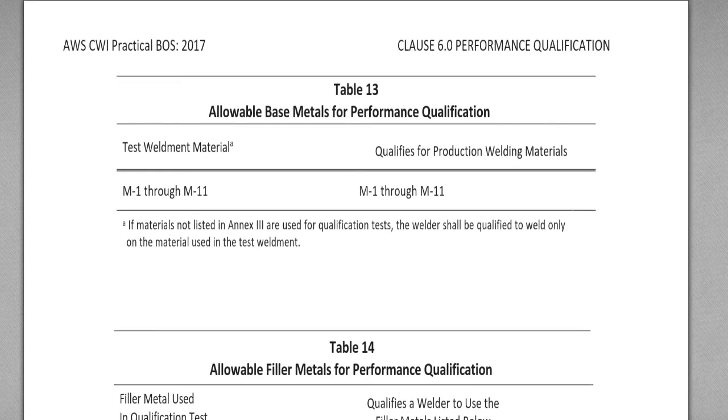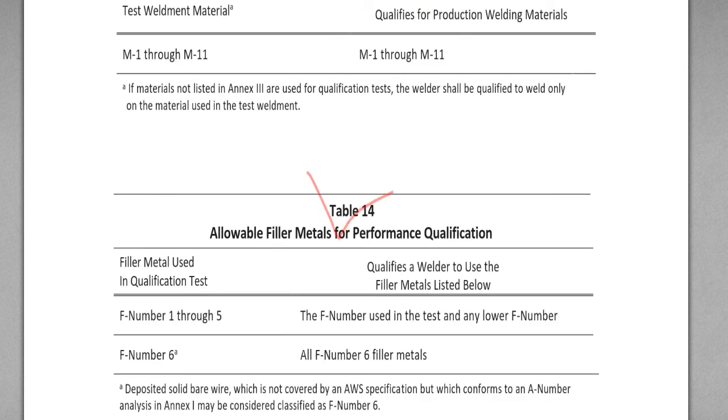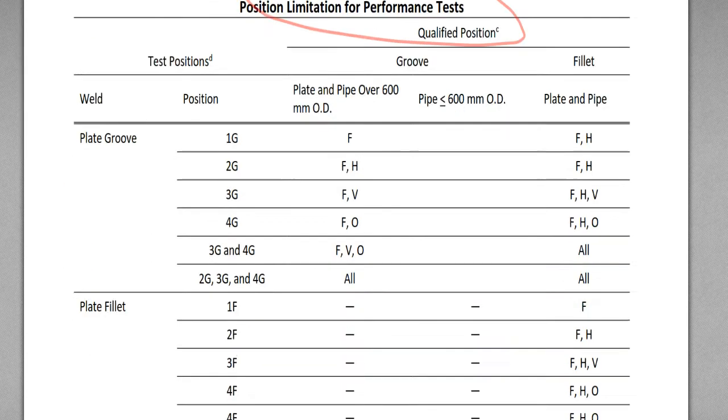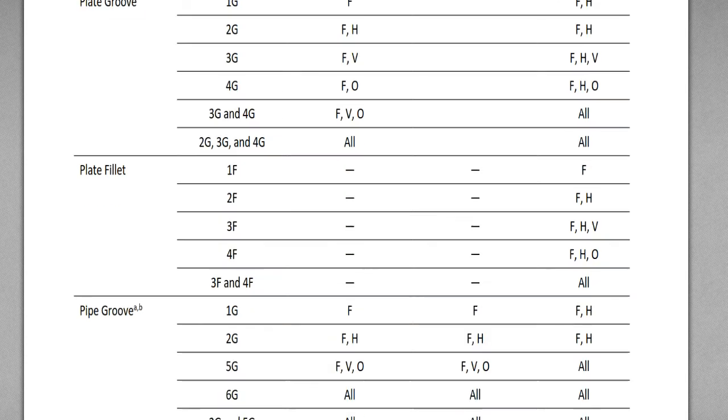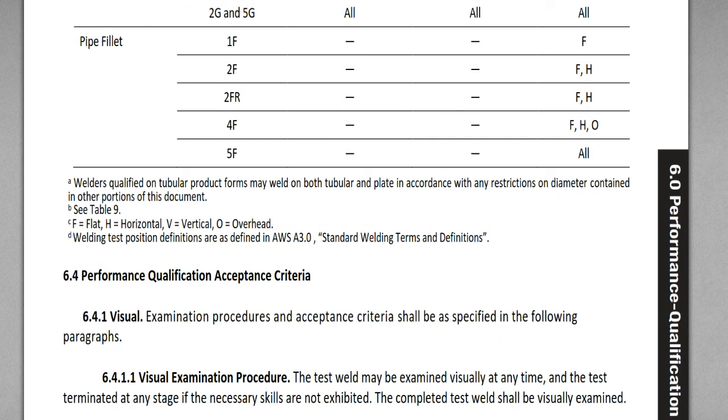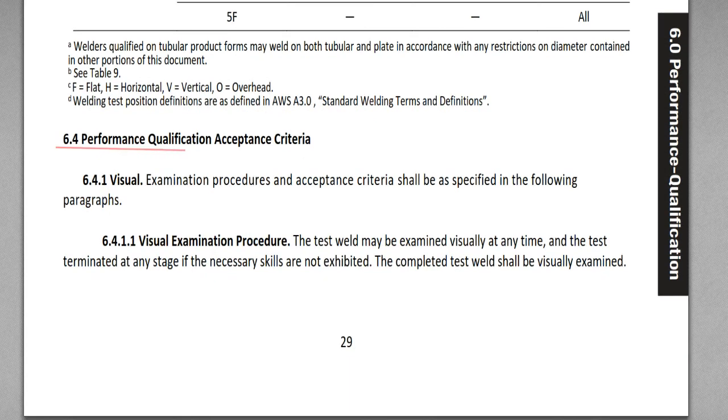Table 13, we covered this, I explained it, and Table 14, as well as this Table 14, we covered it. And Table 15, yes, we covered this one. I explained this Table 15 position. Let's go to 6.4, performance qualification acceptance criteria. 6.4.1, visual examination procedure and acceptance criteria shall be as specified in the following paragraphs.